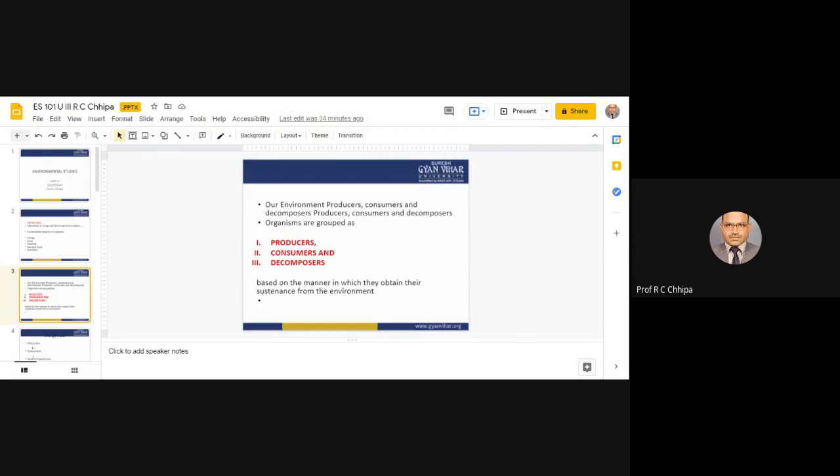So the third part, the first is producers, then consumers, and the last one is the decomposers. So all organisms, all individuals are life, and they form different species.